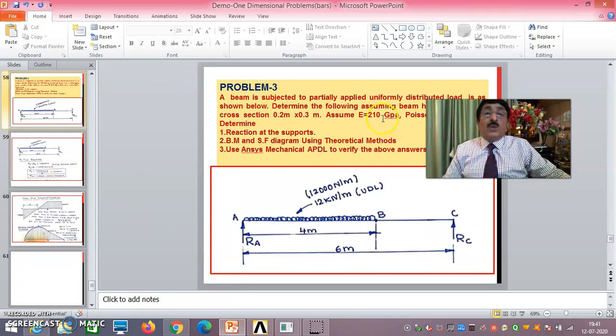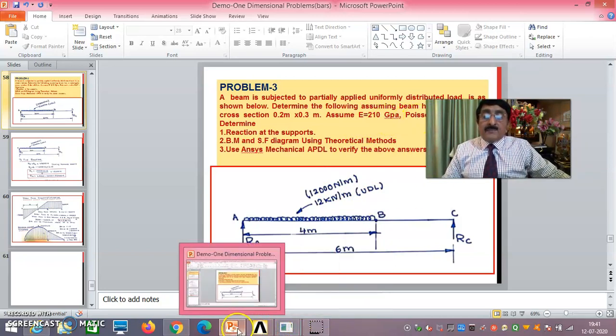It is 210 into 10 to the power of 9 Newton per meter square. Correct? 210 gigapascals is 210 into 10 to the power of 9 Newton per meter square. That is why I'll maintain the units Newton and meter. I'll model it in meter. I'll apply the loads and all that in Newton only. Newton meter. That is why now I am applying 210 GPa and Poisson's ratio 0.27 here.